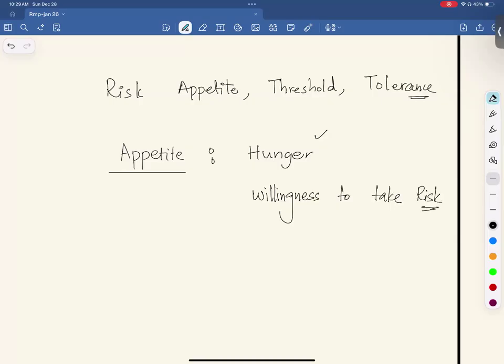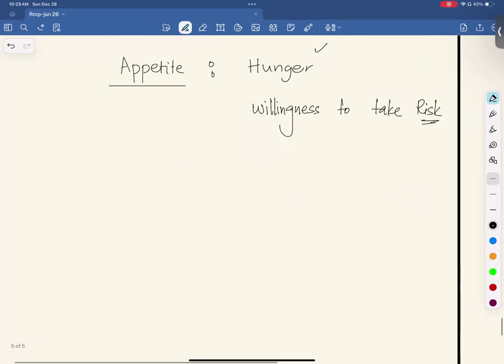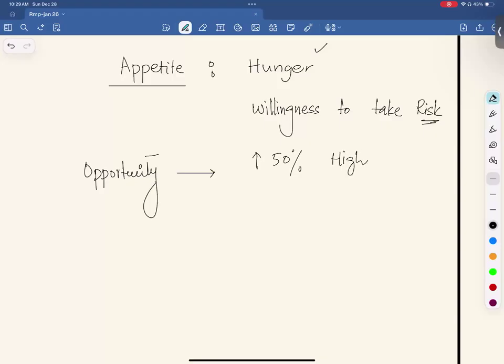Let's say you have a new opportunity, a new project. If you buy that new software, your efficiency will go up by, let's say, 50%. There's a high probability that efficiency will go up. But at the same time, there are high chances of failure.